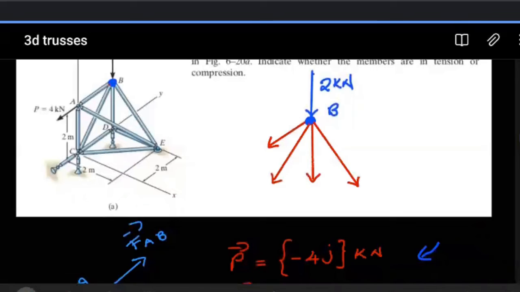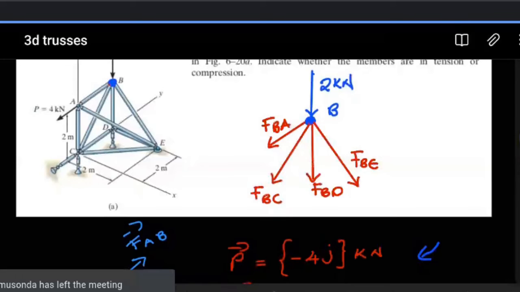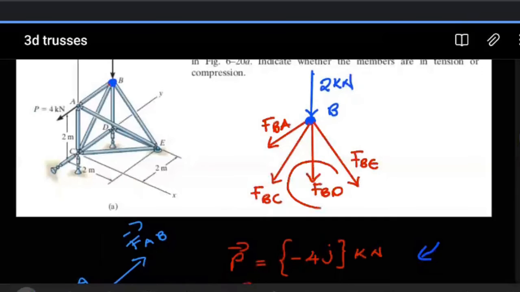So I'll label them. This is FBE, this is FBD, and this is FBC. And of course, this is FBA. When you do this for some time, you should see why assuming this to point up is the wiser choice.